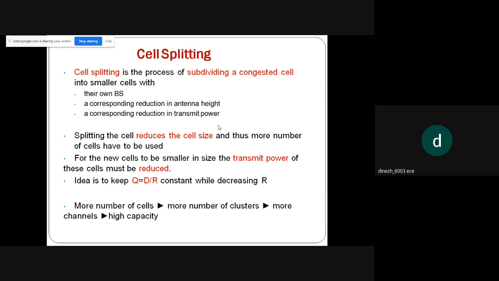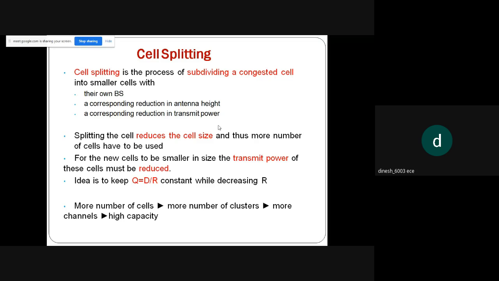Cell splitting is the process of subdividing a congested cell into smaller cells. A larger cell will be divided into smaller cells depending upon the congestion, each with their own base station, and a corresponding reduction in antenna height and transmit power.